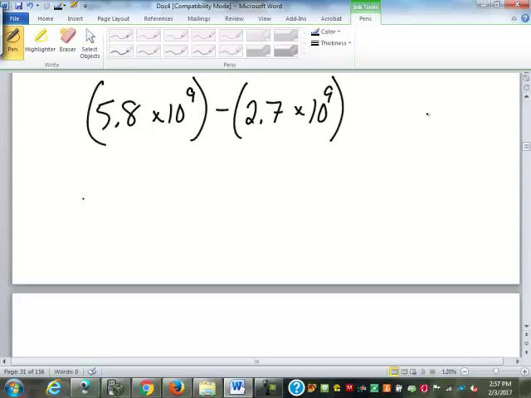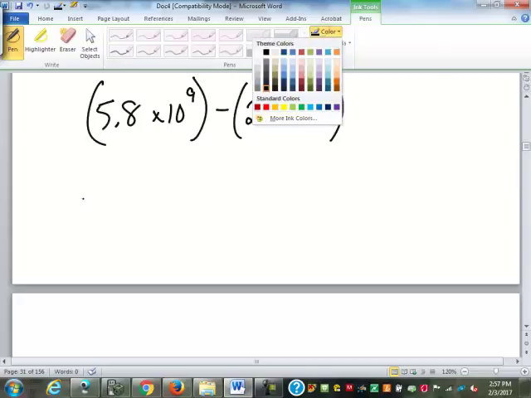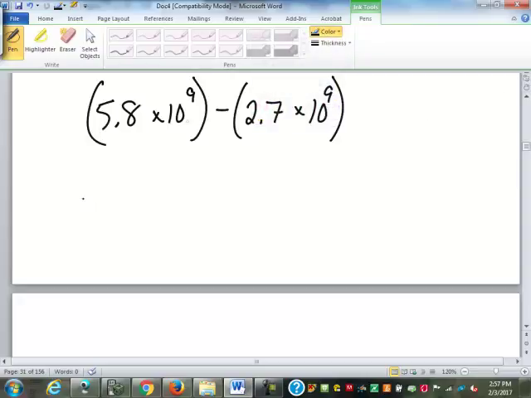Remember, subtraction follows the same rules as addition. We must have the same name. And then we're going to combine the counts. 5.8 minus 2.7 is 3.1 times 10 to the 9th.